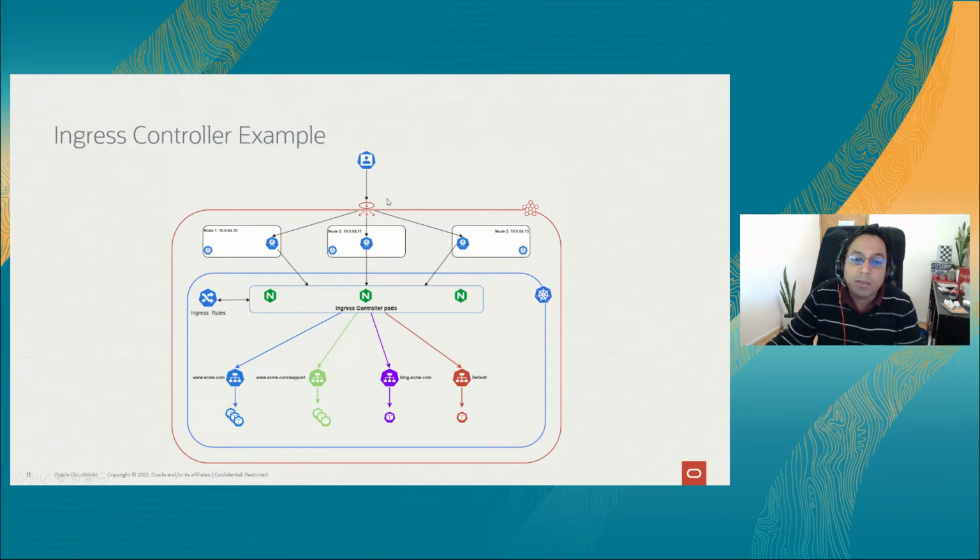Your request comes in, lands at the OCI load balancer, and as far as the OCI load balancer is concerned, its own backend consists of your worker nodes. So it sends the incoming traffic to your backend, and your traffic lands on the ingress controller node port, and the ingress controller pods from there handle the routing of the traffic.